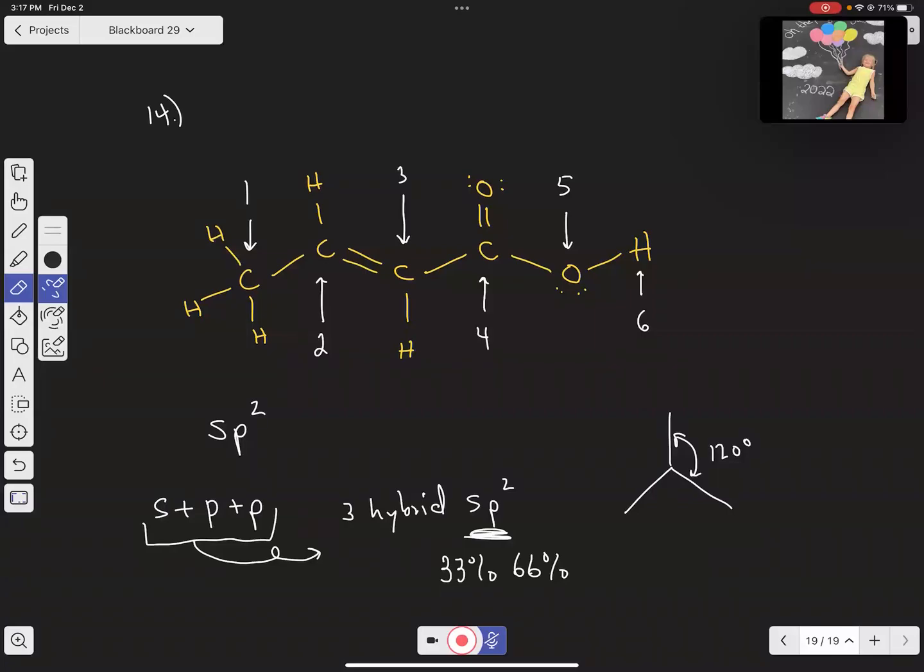So the question was how to know when we're forming pi bonds. Pi bonds only form when we have a double or a triple bond. So anytime we have a double bond, we're going to have one sigma and one pi bond.